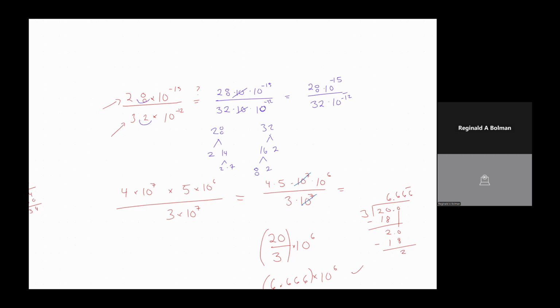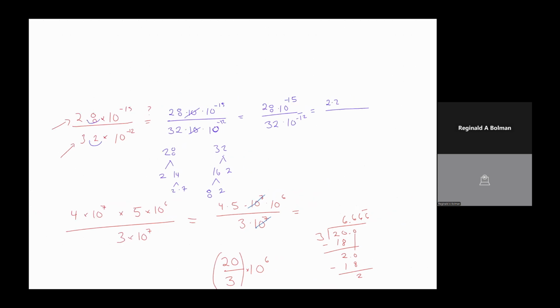So what we can do here, we can rewrite this using prime factorization, we say this is 2 times 2 times 7 on top, and it is 2 times 2 times 8 on bottom. 2's naturally canceling out. Very convenient. And then what happens to the 10 to the negative 15 divided by 10 to the negative 12 is that there are two ways to think of this.